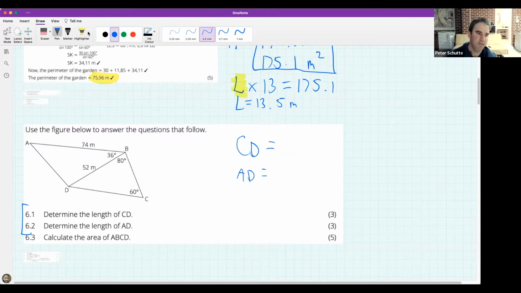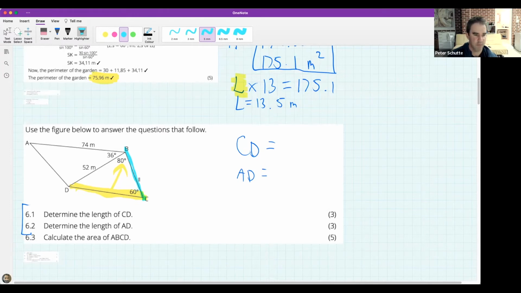So let me first look and make sure I know where CD is. It's over here. Oh yeah, it feels like it has a matching thing here. That's good news. And then it feels like this one over here has a matching. Oh wait, no, I don't know what that one is yet.